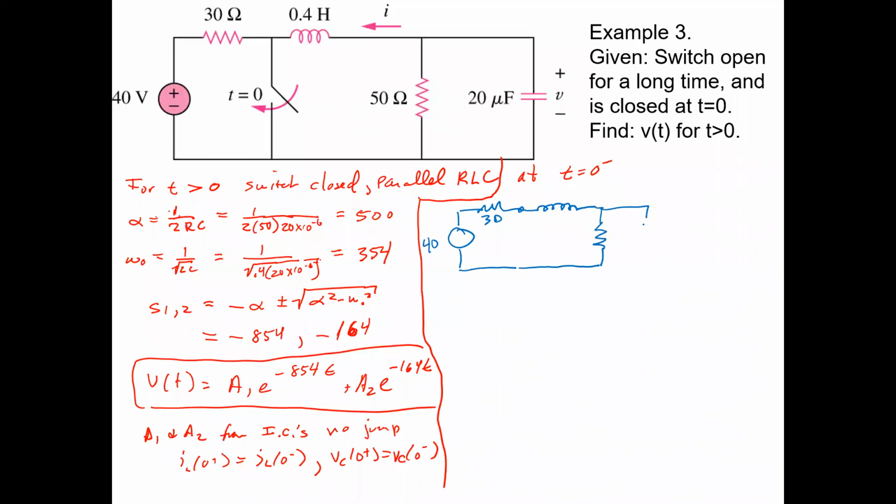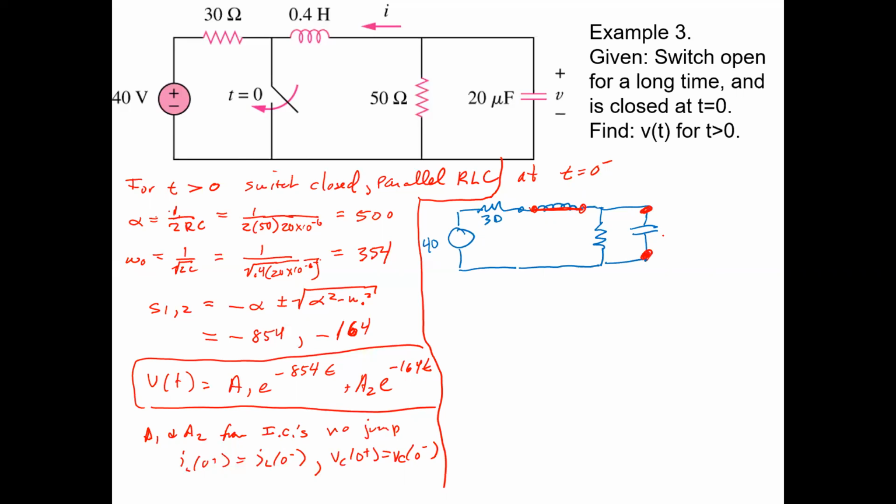I will train you yet. So you can put a line through this thing. The inductor at t equals 0 minus is a short, and the capacitor is a what?